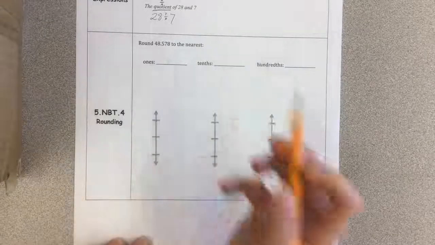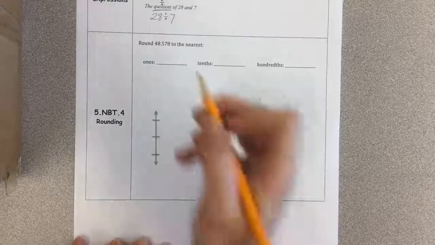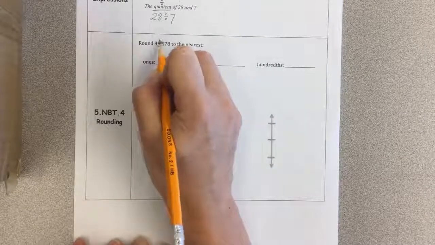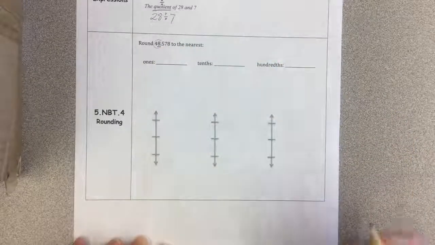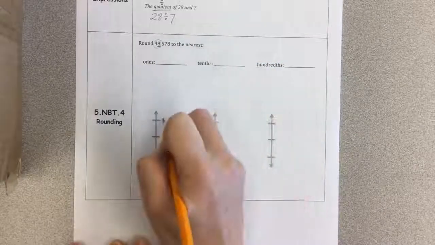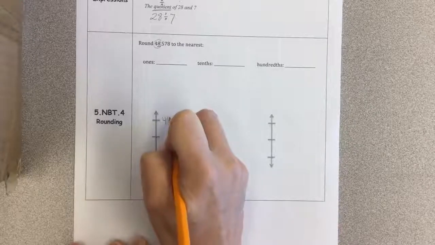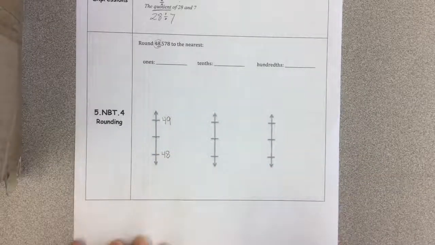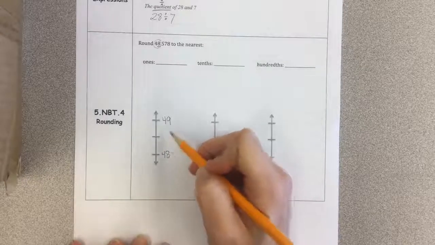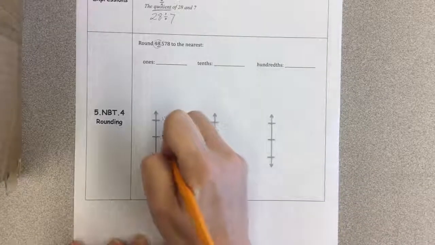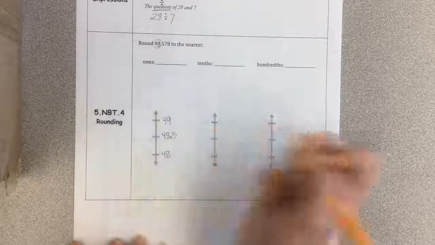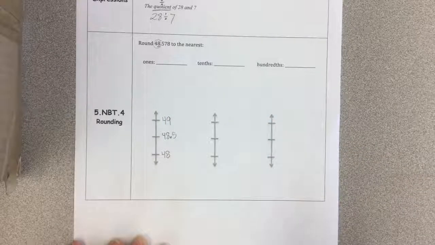Here we're rounding to the nearest ones place. So I'm going to look and see how many ones my number is made up of. And so all the way to the ones place here, I know that I have 48 ones now. And if I add on one more 1, I would be at 49 ones. My halfway or midpoint between 48 and 49 is 48 and a half, 48.5 here.